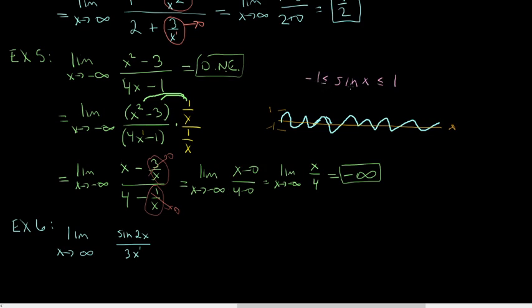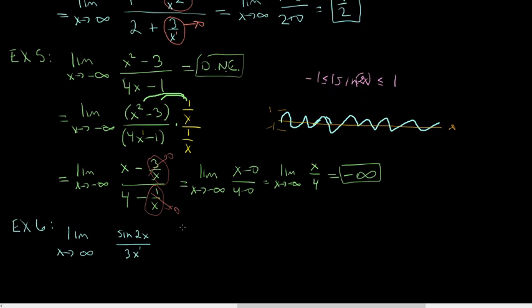And that's true regardless of whether it's sine x or sine of 2x or sine of 3x. You can stick a 2 in here, and that doesn't affect the amplitude of the sine function. In this case, it's still 1 and negative 1. It has to do with the 1 in front here. There's an invisible 1 in front of sine 2x.